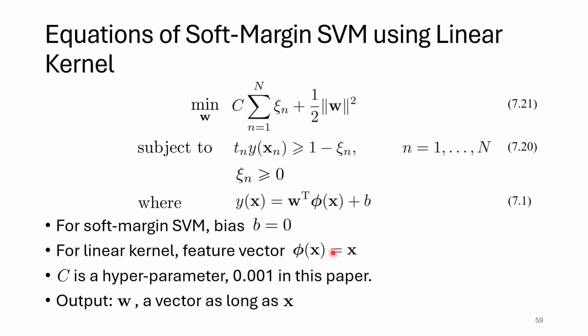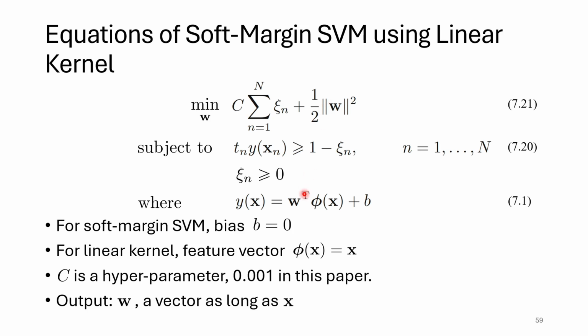It just uses the original one. As a result, W will be a weight vector as long as the input vector x. And there will be another hyperparameter to balance the hinge loss and the width of the margin.